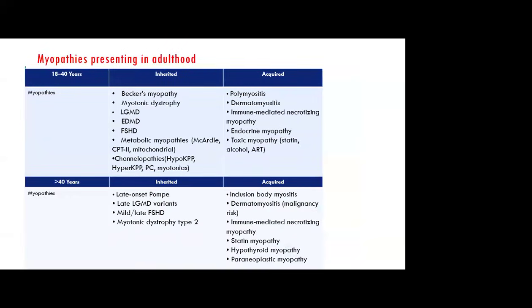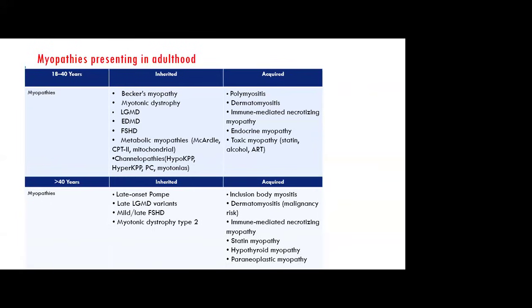The myopathies presenting in adulthood, we divide them into 18 to 40 years and more than 40 years, again dividing into inherited and acquired. In 18 to 40 years of age, the inherited causes being Becker's myopathy, myotonic dystrophy, LGMD, EDMD, FSHD, and metabolic myopathies like McArdle's and CPT2, or mitochondrial, and again channelopathies.